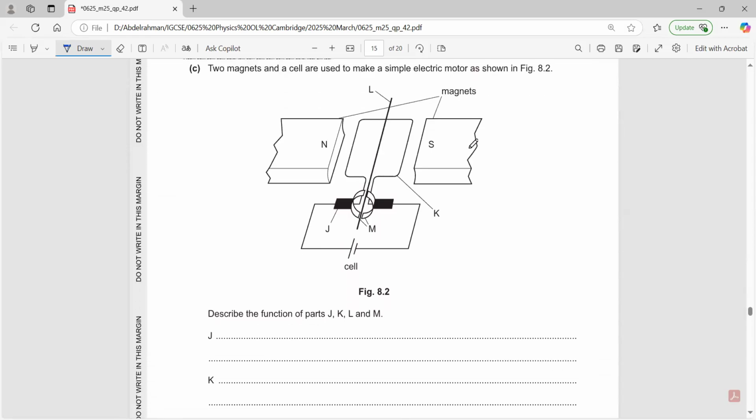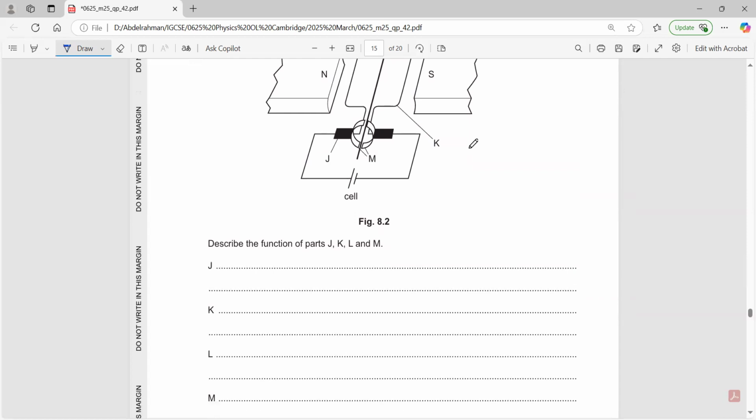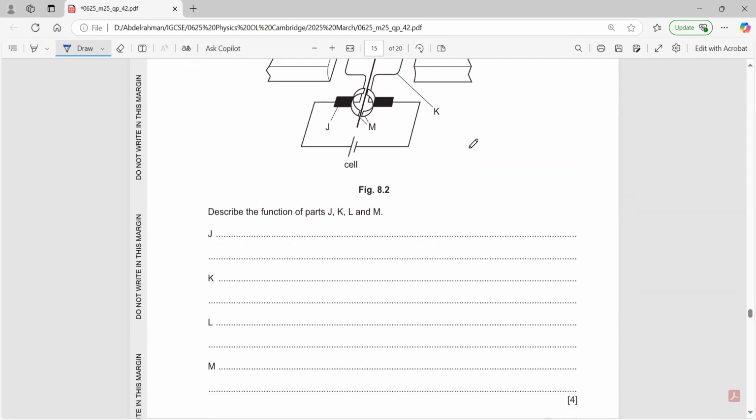C. Two magnets and a cell are used to make a simple electric motor shown in figure 8.2. You have parts J, K, L, and M. Let's define these parts and their functionalities. What is J? J is the brushes.